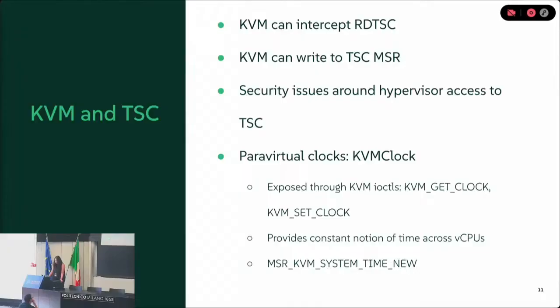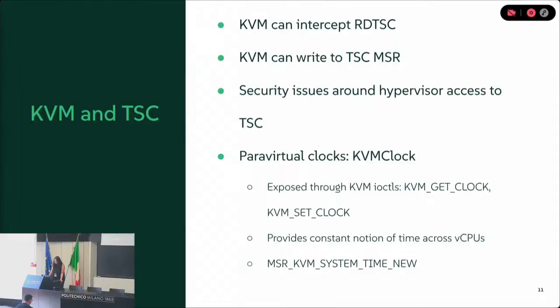On interception, the CPU traps into KVM instead of letting the VM read the real hardware TSC. And even if the hypervisor chooses not to intercept these instructions and lets the VM access the TSC, the hypervisor still has access, and it can write to the TSC MSR and basically controls the VM's view of the TSC. I'll talk a bit later about what those values are which the hypervisor can control.